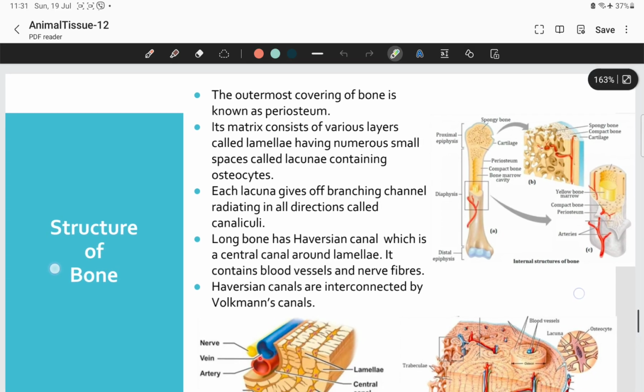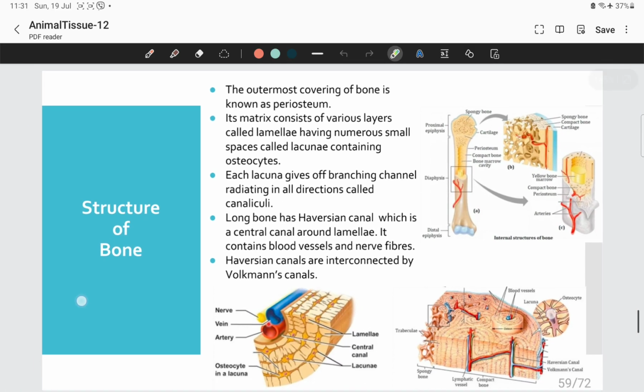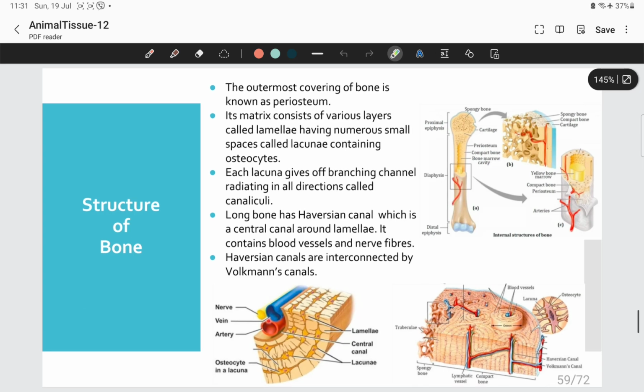And when you talk about the bone, the bone is a hard structure, and its outer layer is covered by a tough layer, known as periosteum.